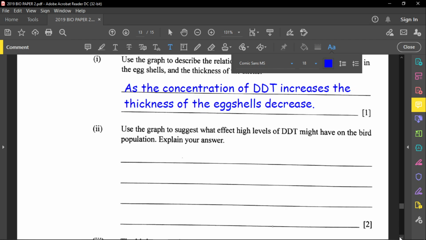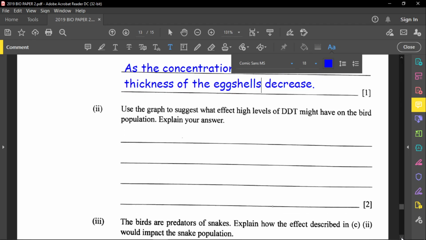Remember, the eggshell is used for protection and to maintain the embryo as it develops, to maintain a suitable environment for hatching to take place. So if the concentration of DDT increases, the population will decrease. You'll have a decrease in the population.